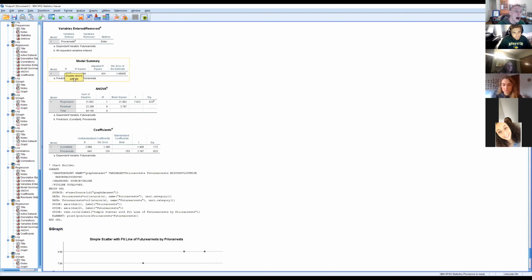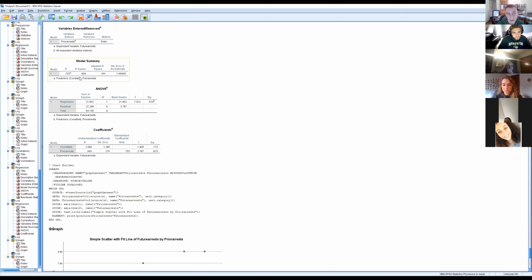In a simple linear regression, R is the same thing as Pearson's R, the thing that we already did. What R squared is showing you is the square of that. And that turns out to be 0.494. Now the R squared is the thing that tells you how much of the variation in future arrests is being explained by prior arrests.